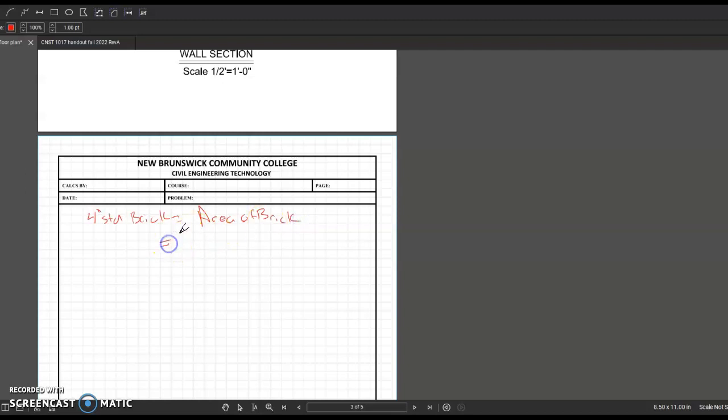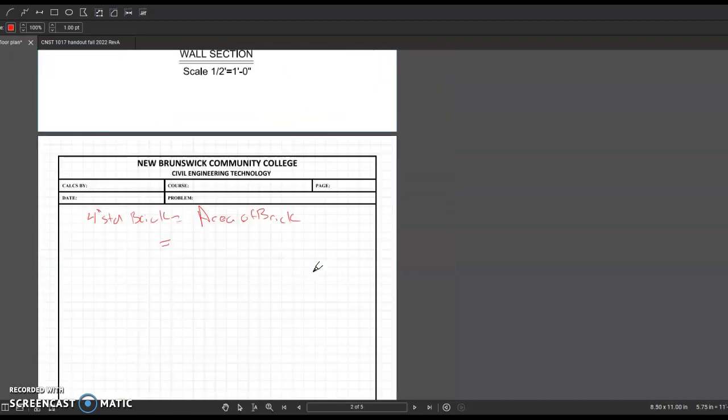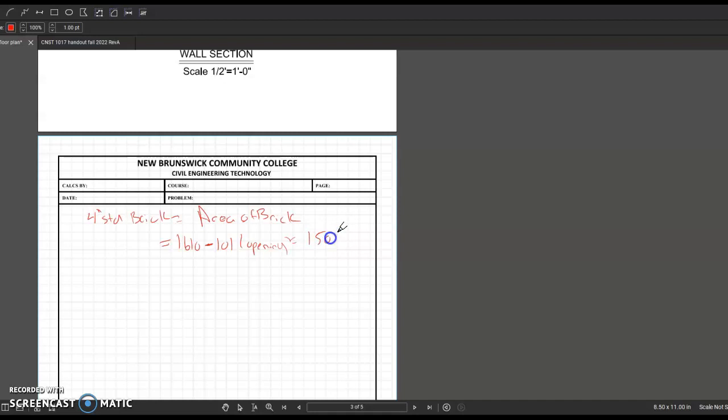I just figured out the area of brick up here was 1610 square feet, and then I need to remove that 101 square feet from that for my openings. Right, so 1610 subtract 101, and again that was my openings, 1509 square feet.